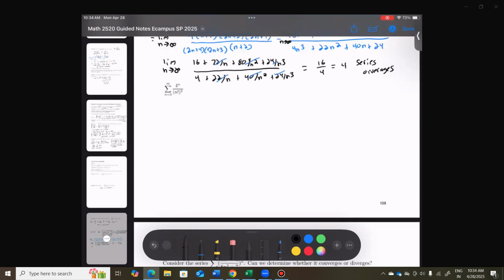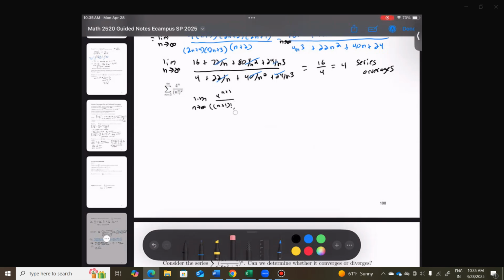And the last example we're going to do for the ratio test, 4 to the n over n factorial squared, or the limit as n goes to infinity, 4 to the n plus 1 over n plus 1 factorial, that whole thing being squared, which, I'm going to write it this way since it's being squared.